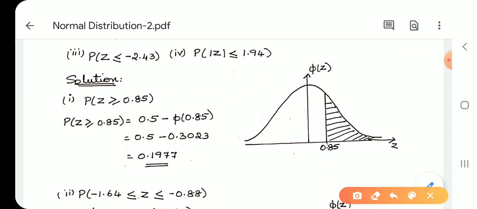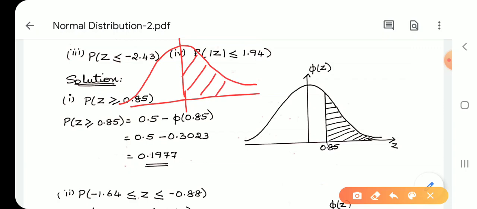We have already learned that in the normal curve, half of the normal curve which lies to the right of the line x is equal to mu is exactly equal to the half of the curve which lies to the left of the line x is equal to mu, and both are equal to 0.5. So we will use this result to solve the problem P of Z greater than or equal to 0.85.